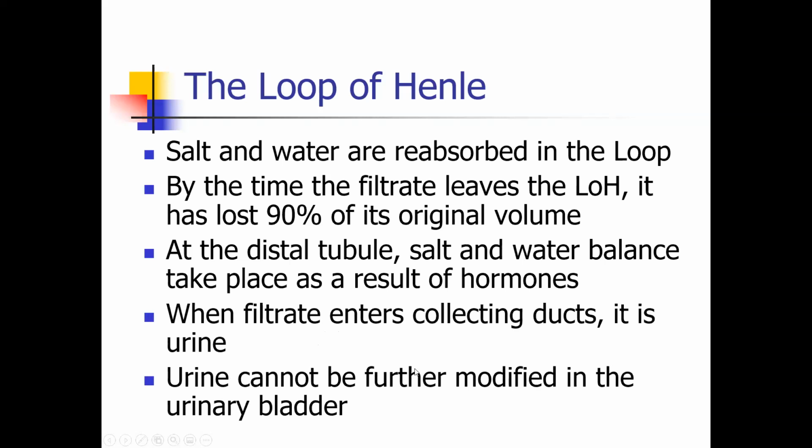And then when it gets in the bladder, it cannot be further modified. In addition, it cannot be further modified either in the renal pelvis or in the ureter. So once it leaves the collecting ducts, at the end of the collecting ducts, nothing more changes about the urine.